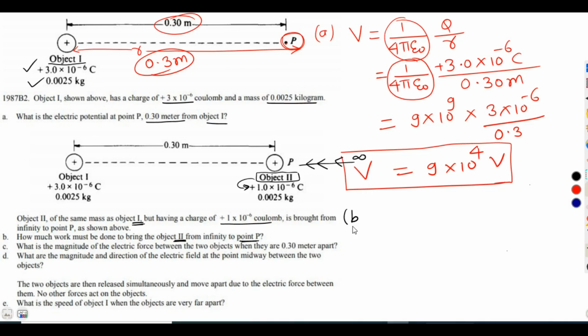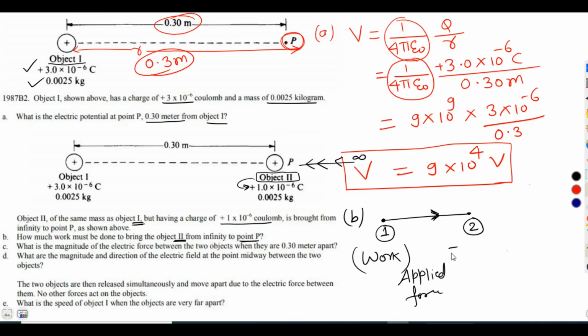For the second part, we know the work done when we move a charge from point 1 to point 2. The work done due to the applied force will be equal to Q, the amount of charge that is moved, times V2 minus V1.